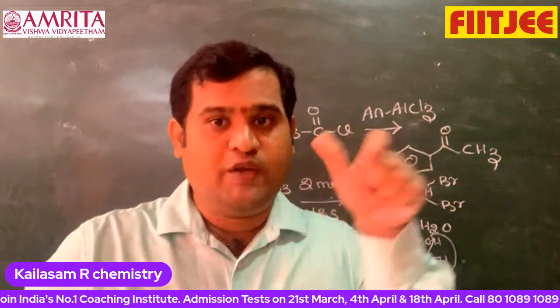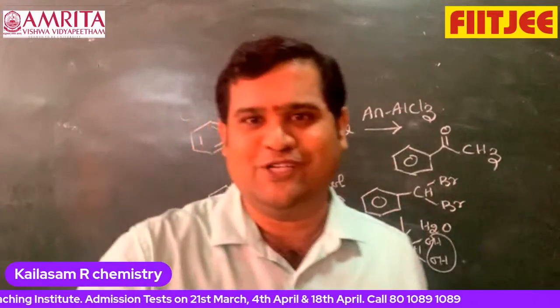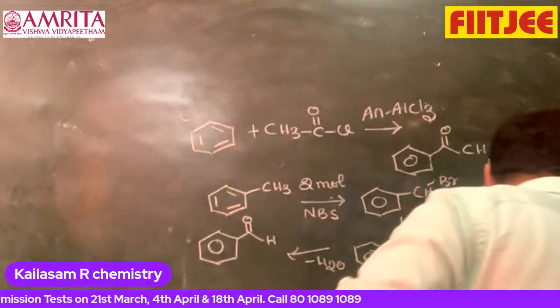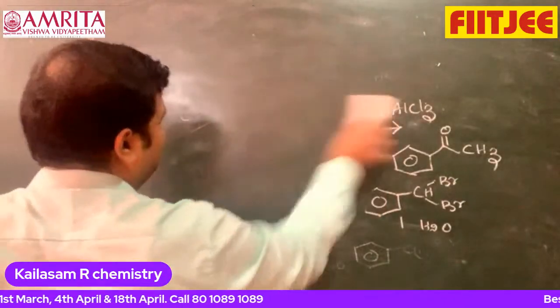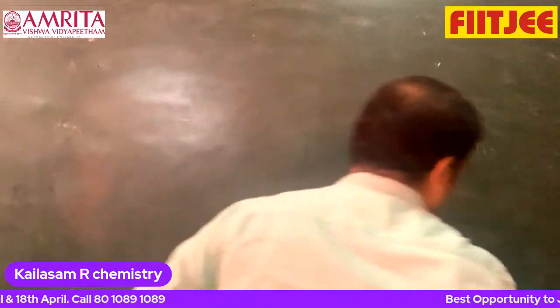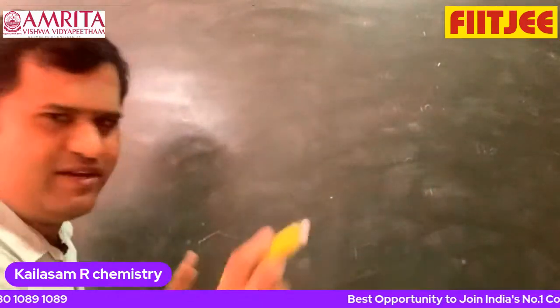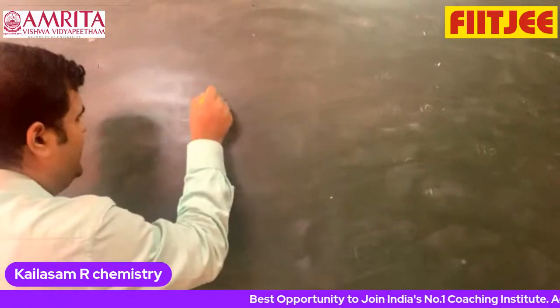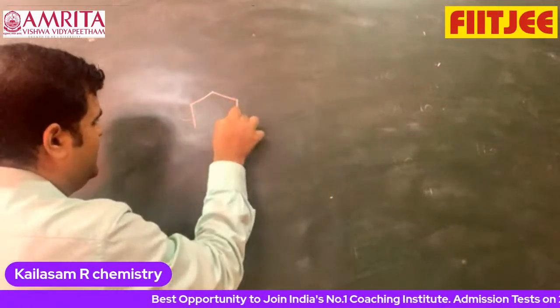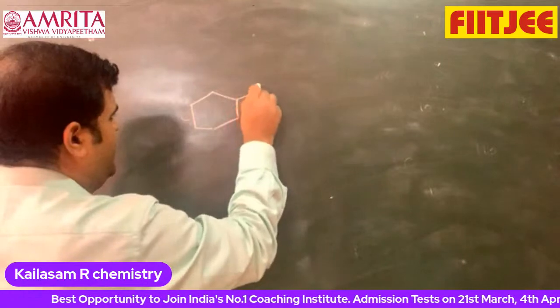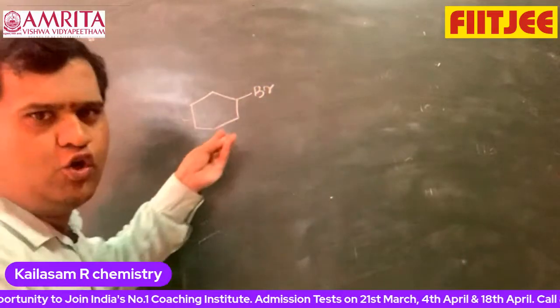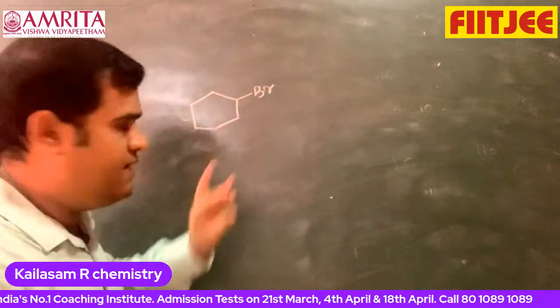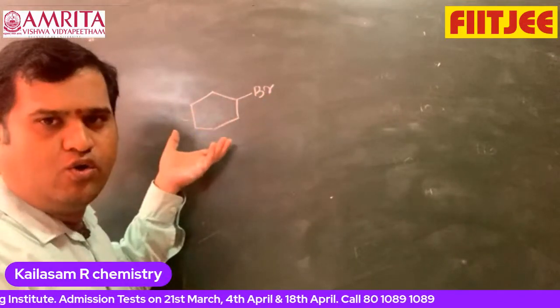So we have learned, as of now, the preparation of ketones as well as aldehydes. In the exam, how will they expect it from you? We'll discuss one question now. Listen. Look at that. I'm taking it very simply, one by one. I'm taking Br on cyclohexane, bromocyclohexane.